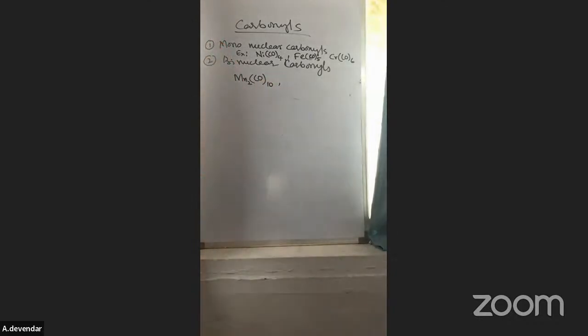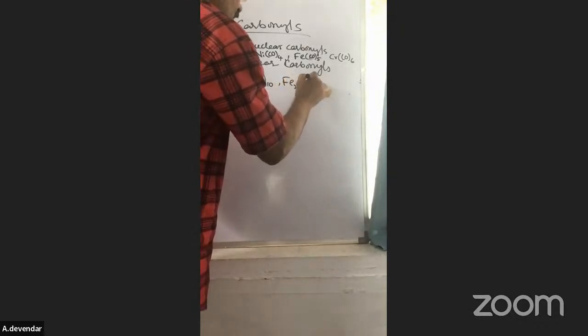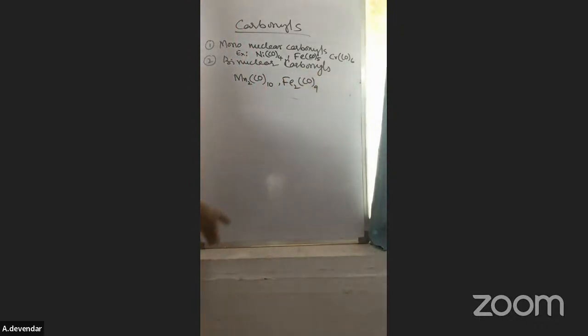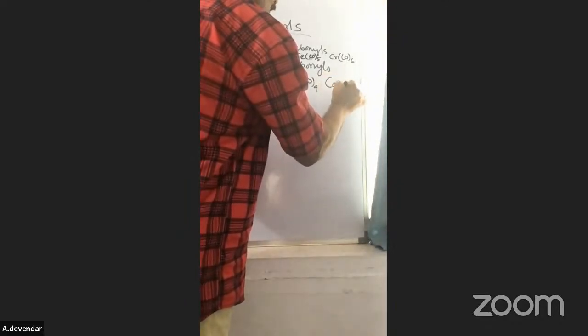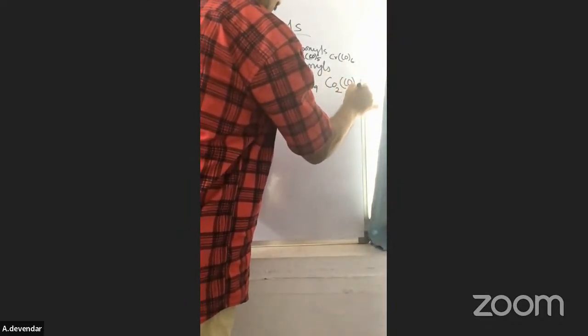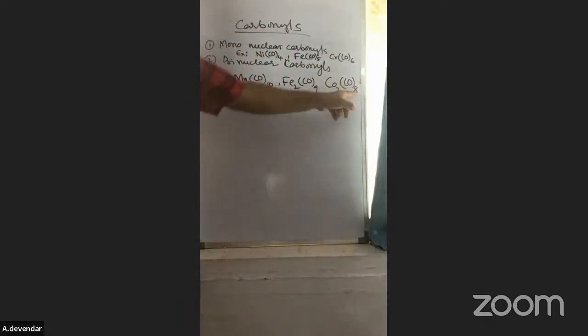The next one is iron carbonyl, Fe2(CO)9. And one more is cobalt carbonyl, Co2(CO)8.